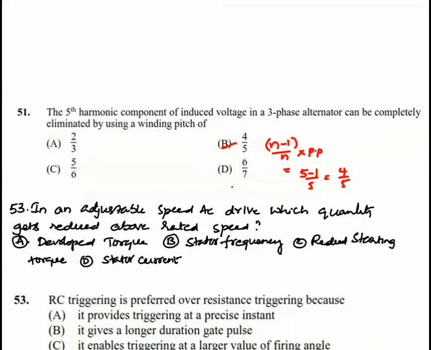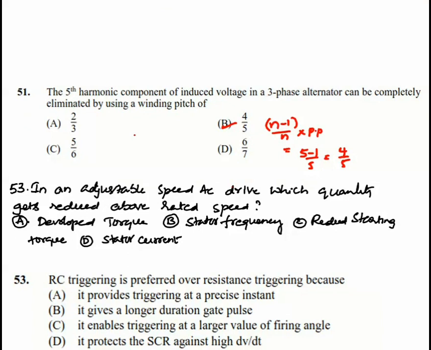And the next one, 52nd one: in an adjustable speed AC drive, which quantity gets reduced above the rated speed? If you take the characteristics below and above rated speed, below rated speed it is nothing but constant torque, variable power.